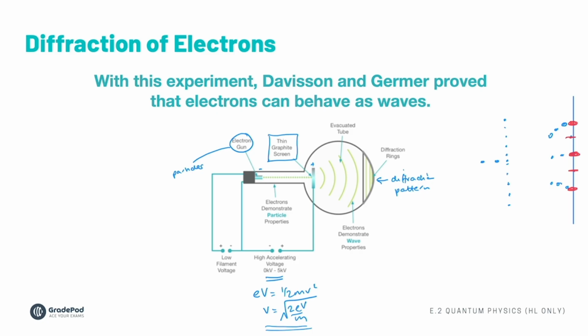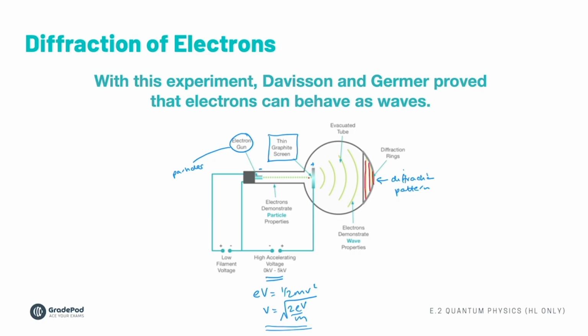That's why you've got an intensity pattern. But it's not true. Because when you put just one electron through that thin graphite screen, you still noticed these diffraction rings. So one electron was causing that diffraction pattern, which meant that one electron was behaving as a wave.